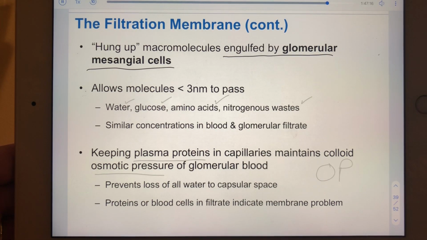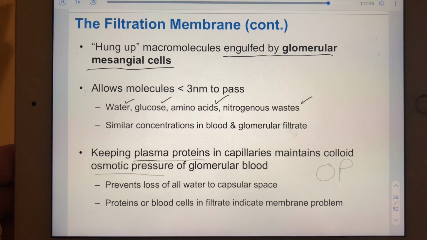The filtration membrane will allow molecules that are smaller than 3 nanometers to pass without getting hung up, okay? That means water can pass, glucose molecules can pass, amino acids can pass, nitrogenous waste, urea, can obviously pass, okay? No problem, they're small enough.